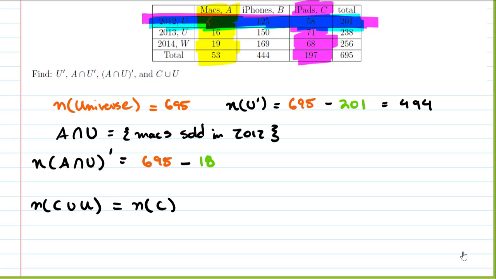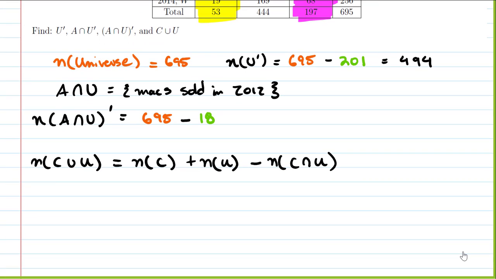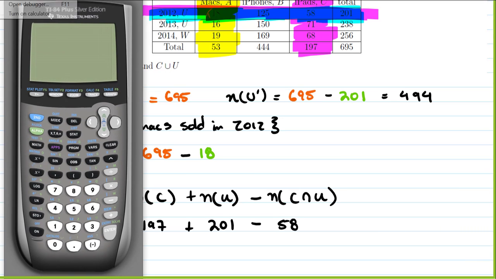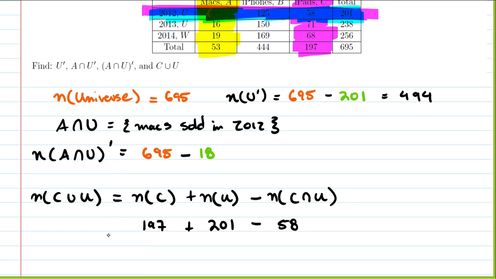No, so it's the number of things in C plus the number of things in U minus the intersection of C and U. So it's 197 plus 201, take away their intersection, which is 58. So 197 plus 201, take away 58, and we get 340.